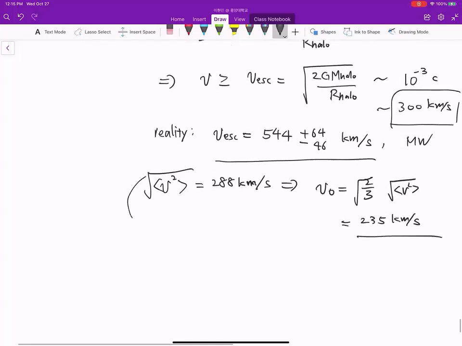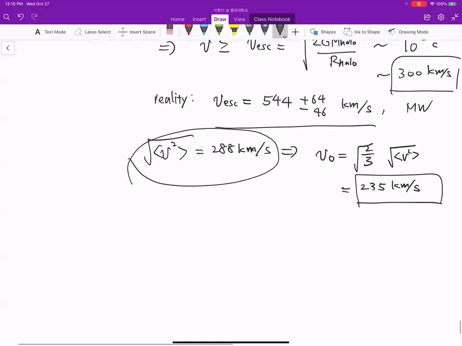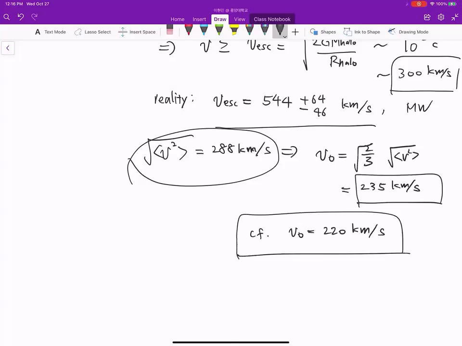I don't know, there's a reference to that, but I didn't look at the details, this is just what I can get from that value. But there's also another value in the literature. I don't know which one is correct, but I personally used this one in the last project. So 220 kilometers per second.